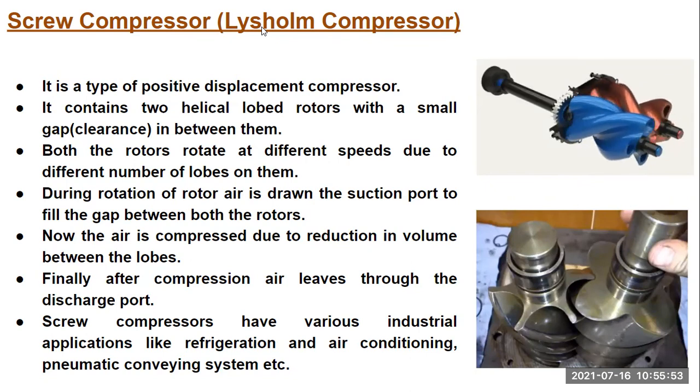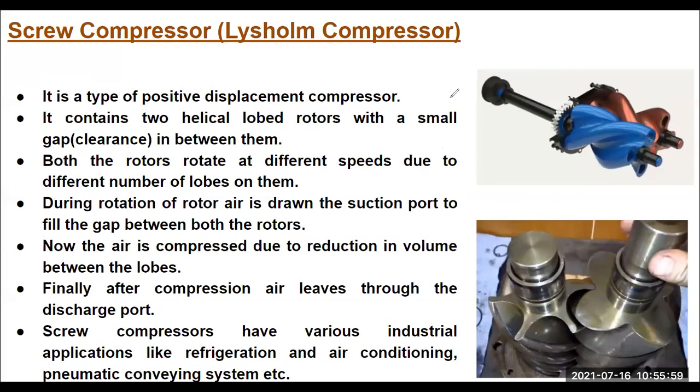So till now we have studied 3 types of compressor. The first one is the root compressor, the second one is the vane type compressor, and the third one is the screw compressor.